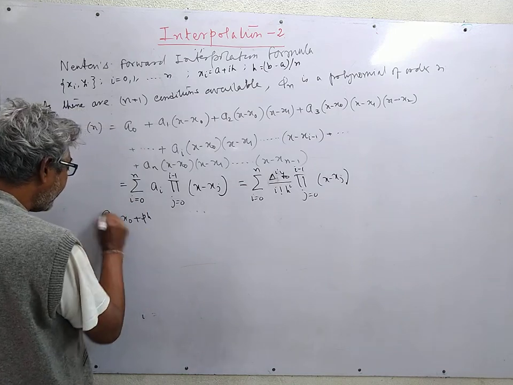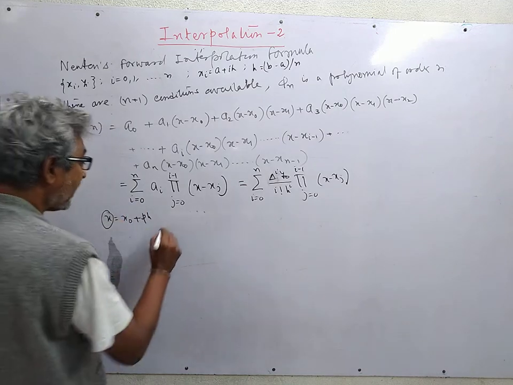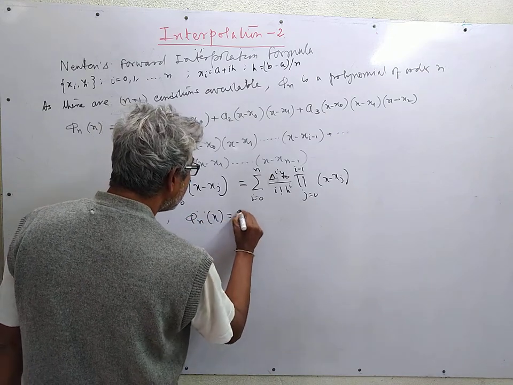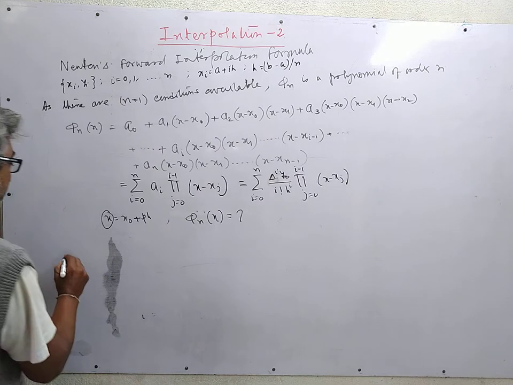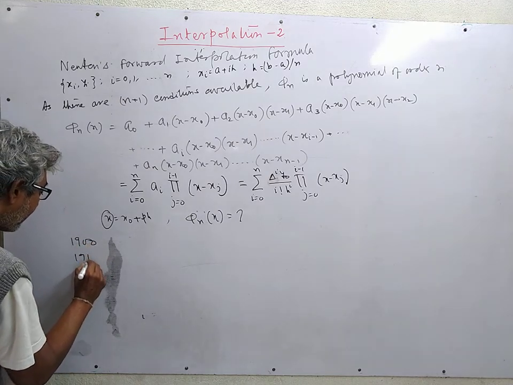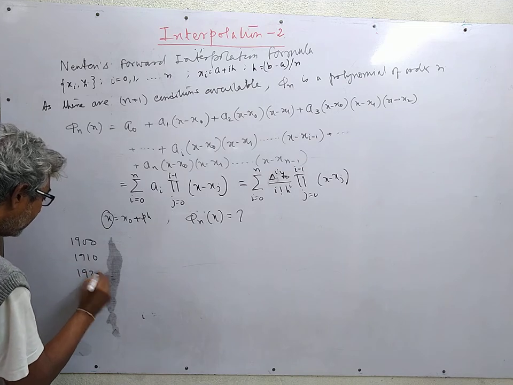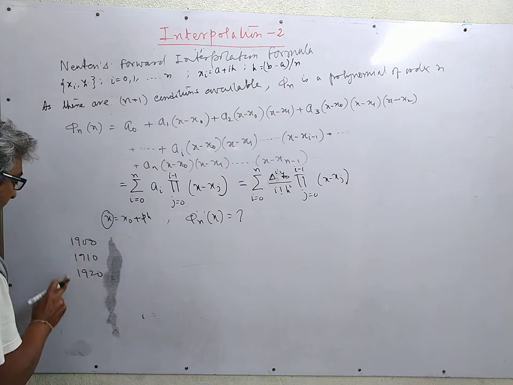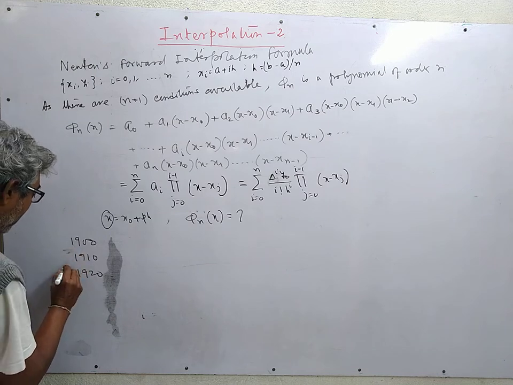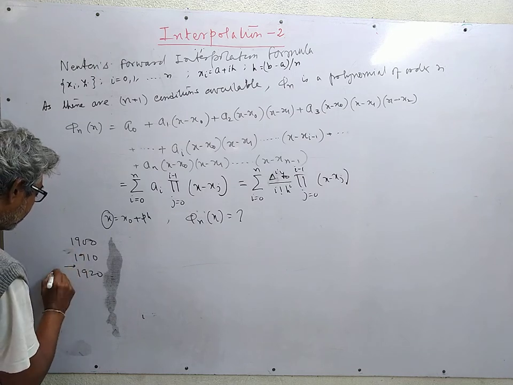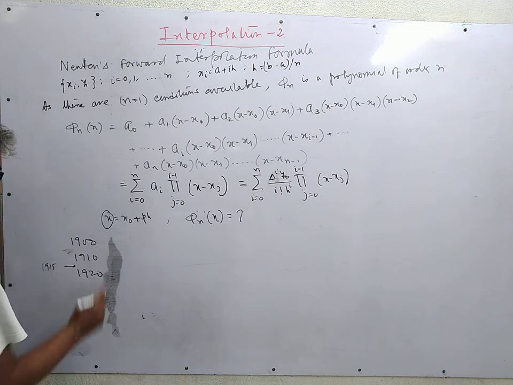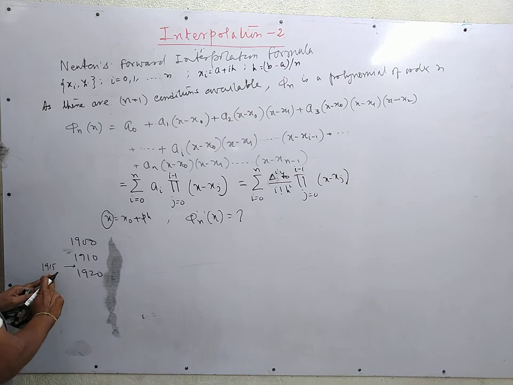This is the value of x at which we want to find out the polynomial. So value of x, this is our question. Say for example, in the case that we cited, these are the corresponding x0, x1, x2. We are interested about this value of x. The x is equal to 1915.